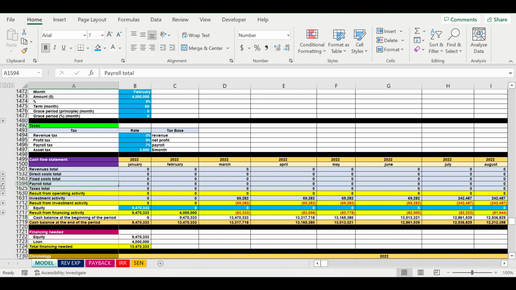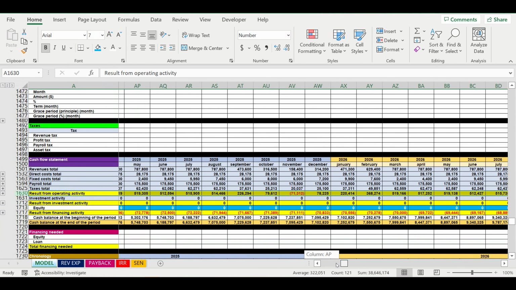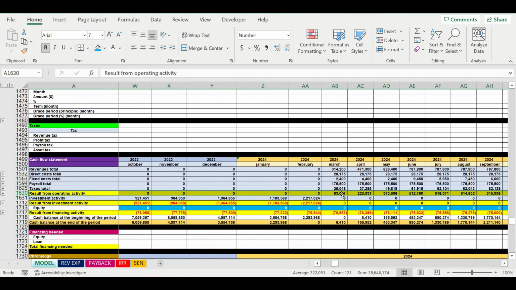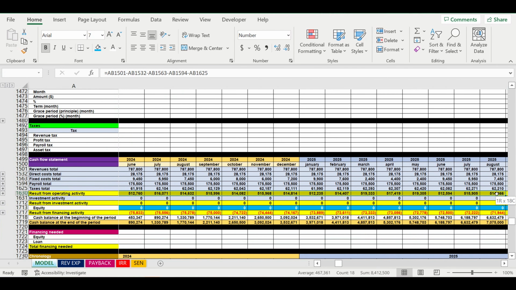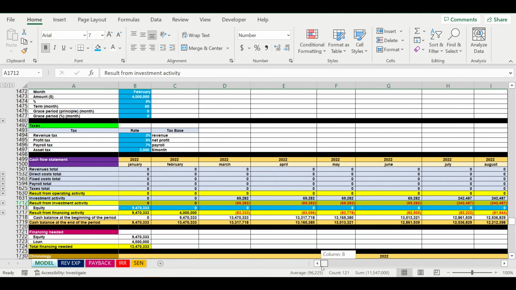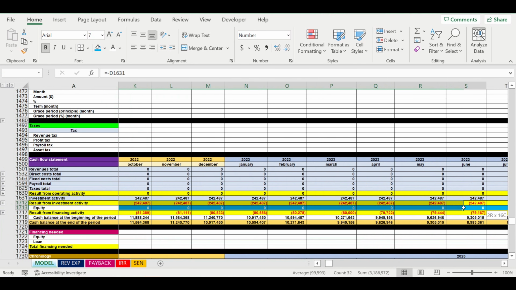Here we can see the result from operating activity when we start the business. When we start operating activity, we can see the net profit. During the investment stage, we can see how much financing we need and when we need it, while we are building our apartment complex.